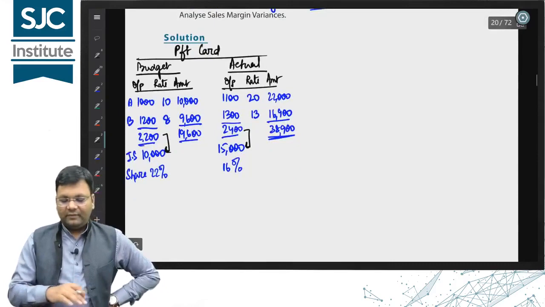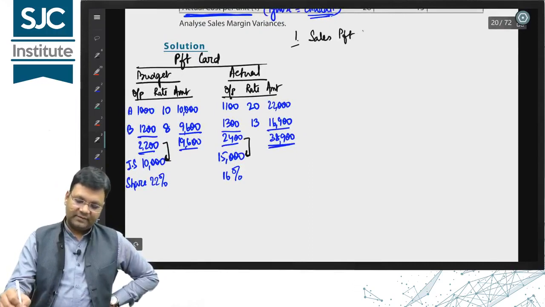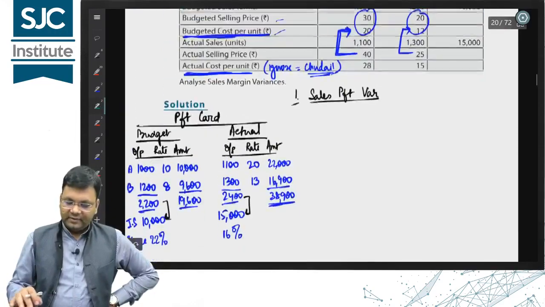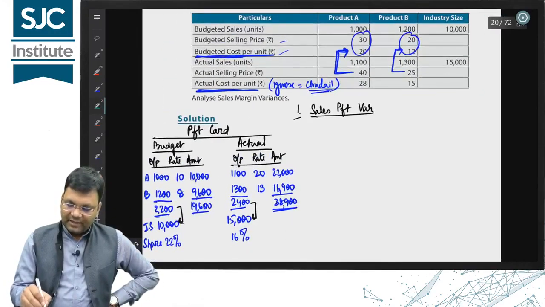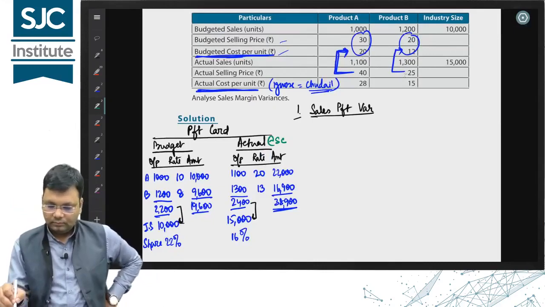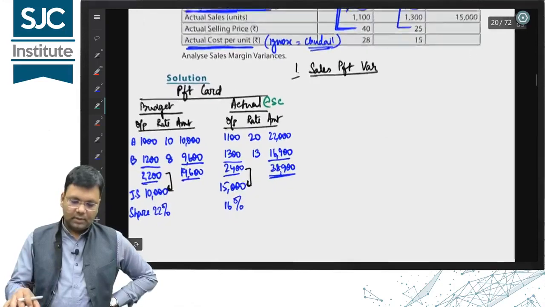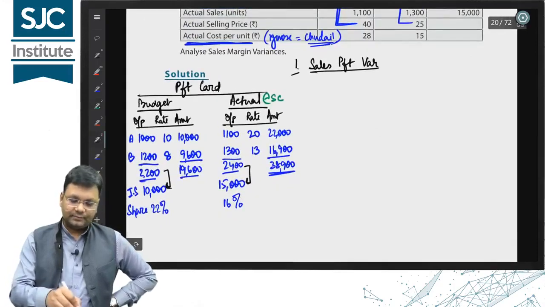Now first step will be to find out all the variances. Okay, let's start. Sales profit variance. If you'll see, the actual profit that we have calculated is all based at standard cost. Sales profit variance, let's start.